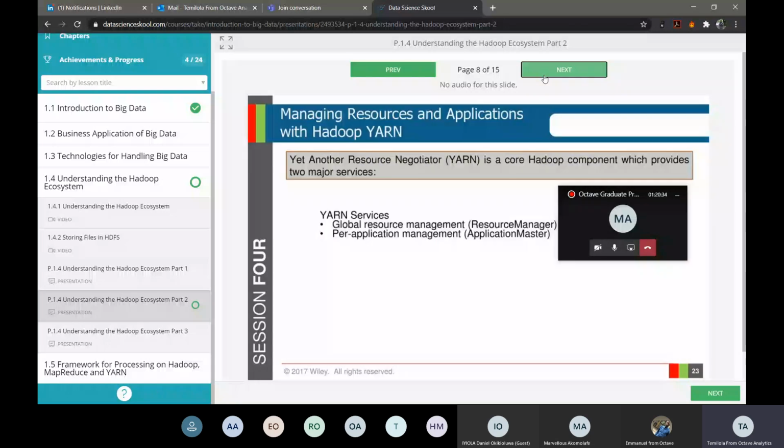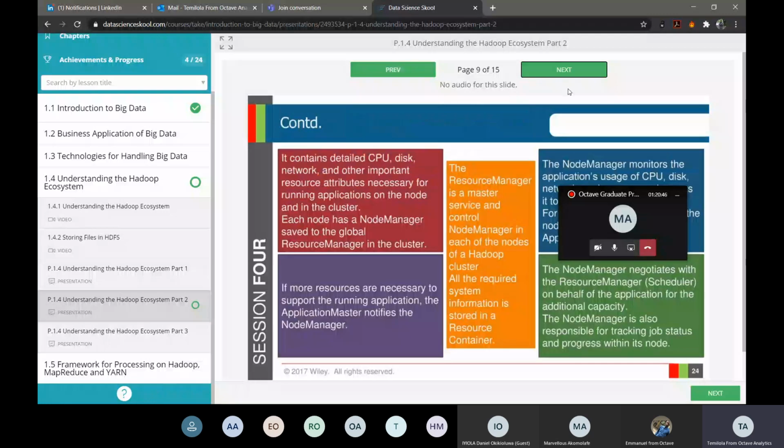So YARN is more or less the software layer you use for administrative operations, for resource management and application management, meaning which resource or which application gets to use a certain number of cores and this number of threads for its processes. So it's in charge of the administrative process for the different operations of MapReduce, the HDFS system, and the rest.